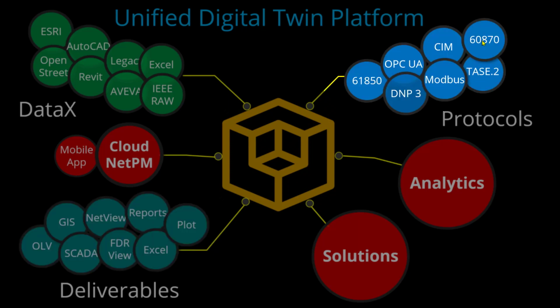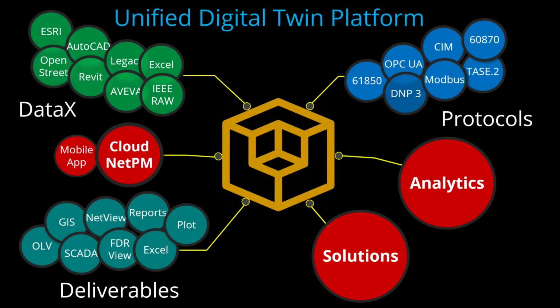But then we bring in real-time data through various protocols such as 61850, Modbus, DNP3, SIM, and also connect to other SCADA systems through OPC-DA or OPC-UA protocols or ICCP, especially if you're dealing with transmission systems. And then we run these analytics on a snapshot basis or on a continuous basis and provide you with an optimized solution for your electrical system.